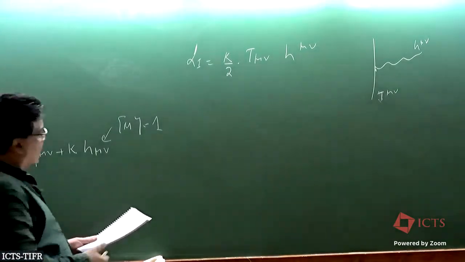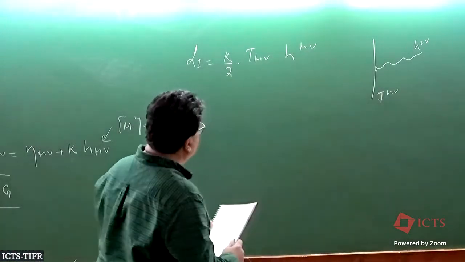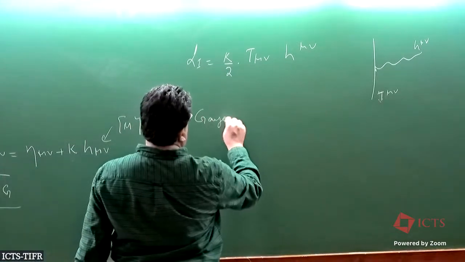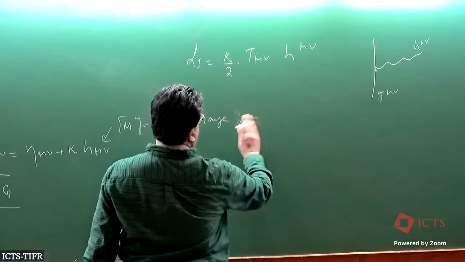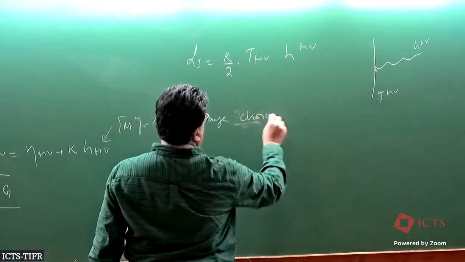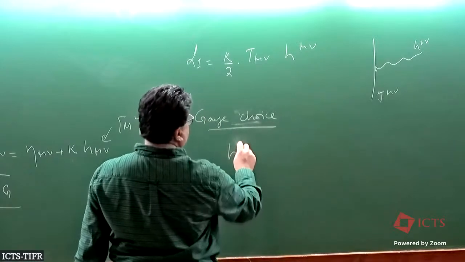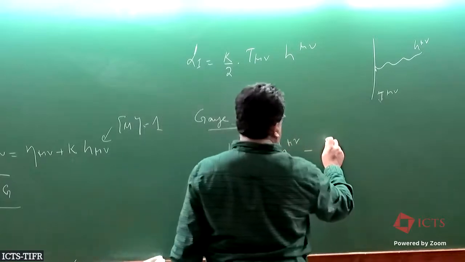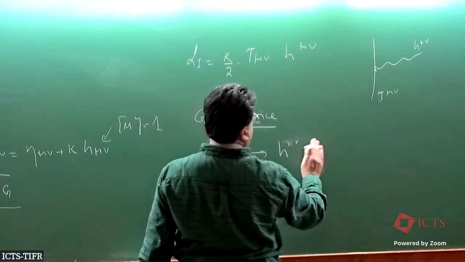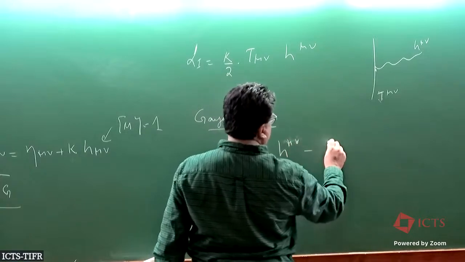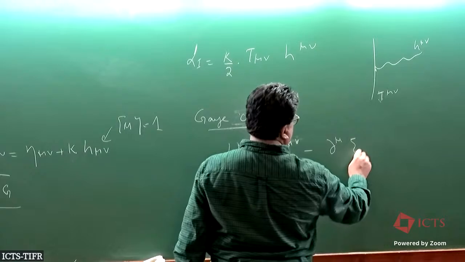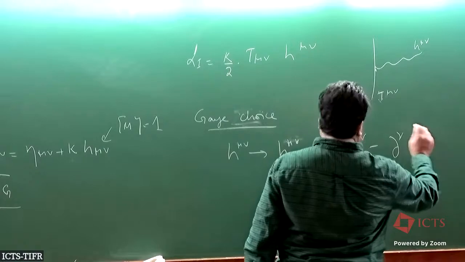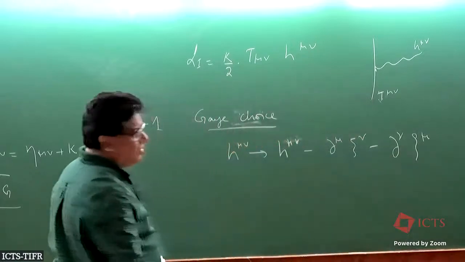So one thing to take away from this is that supposing you have this interaction and you have this gauge choice, that under gauge transformation, h mu nu goes to h mu nu minus, sorry, where this xi mu is an arbitrary function of space time.